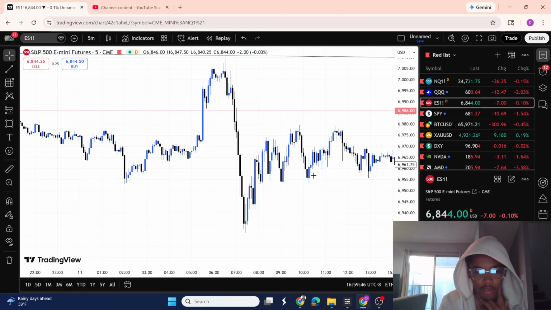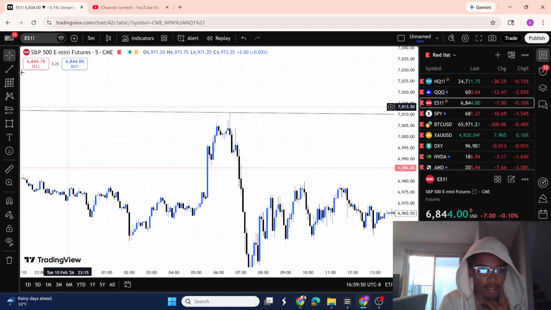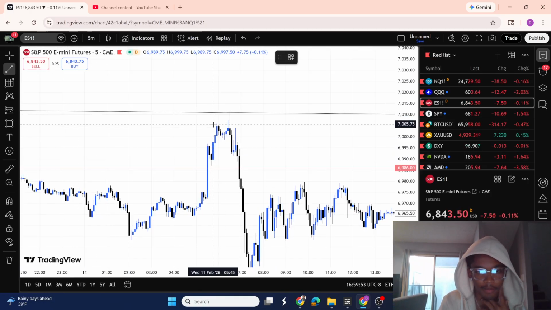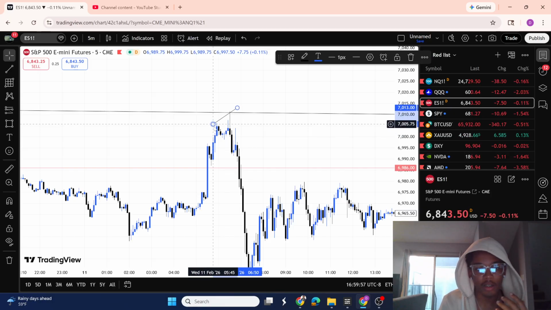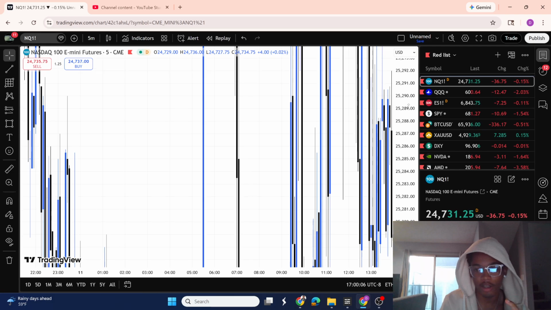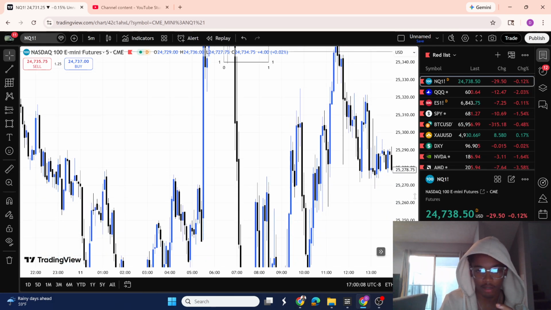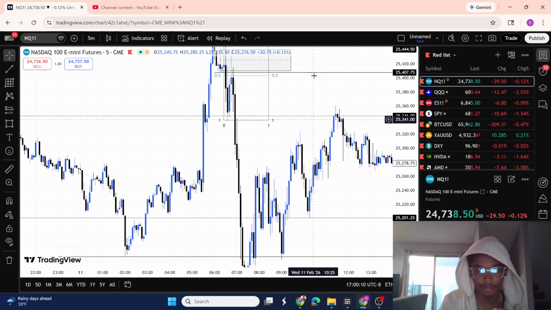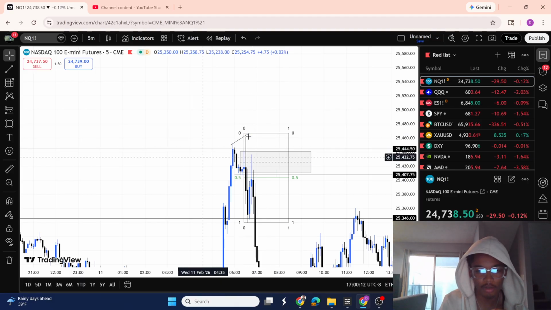All right, so let's go to Wednesday. Okay, yeah, so ES is significantly higher like I thought it would be. So this is telling me ES took out major liquidity and NASDAQ is already moving lower. NASDAQ's telling the future. Now I can take shorts on NAS.